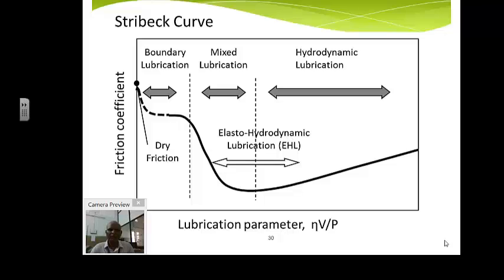In the beginning of the hydrodynamic lubrication, which depends on the speed, the journal speed or the relative speed between the two surfaces, it is very low, whereas when the speed increases, the friction coefficient also increases. This is due to the fluid shear effects.